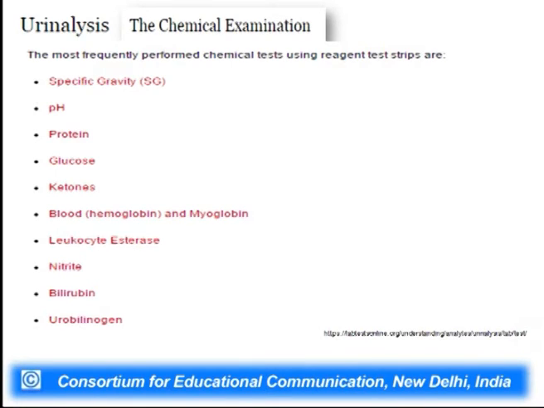In the chemical examination, all these tests are done, for which reagent test strips are readily available in the market, through which they can see the color change and identify the reading with the help of the color change.